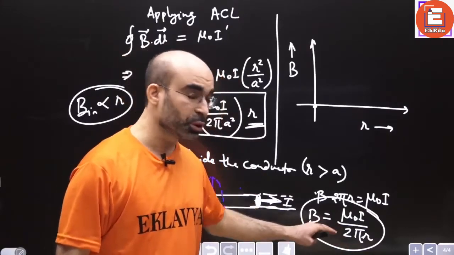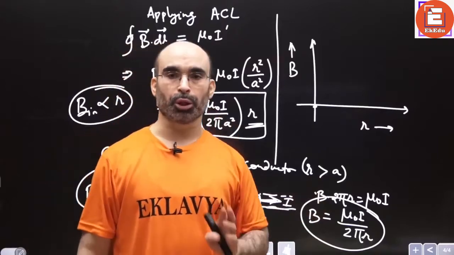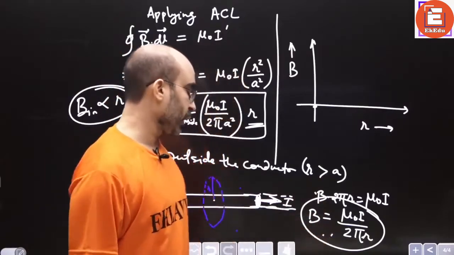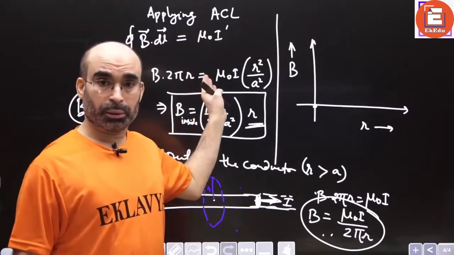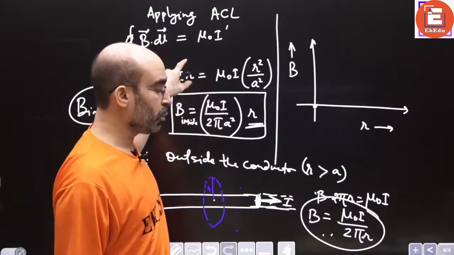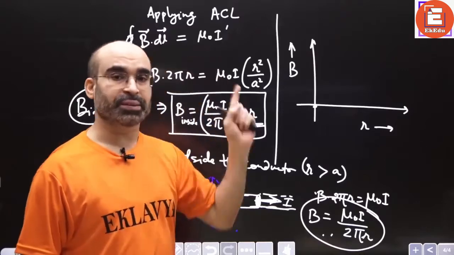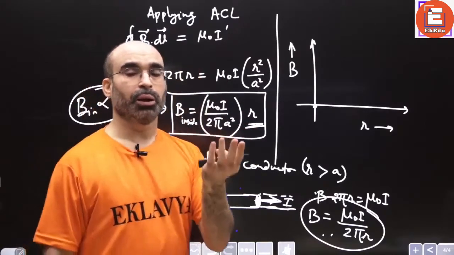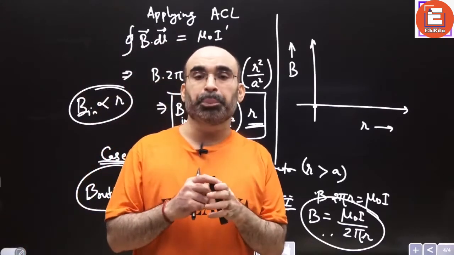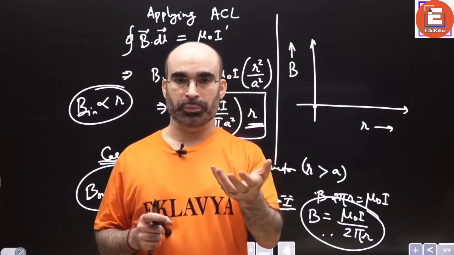Right? This is the expression we found using BS law. Okay. So this expression is only possible using ACL. We cannot get this result using BS law. So that is where ACL is so important.